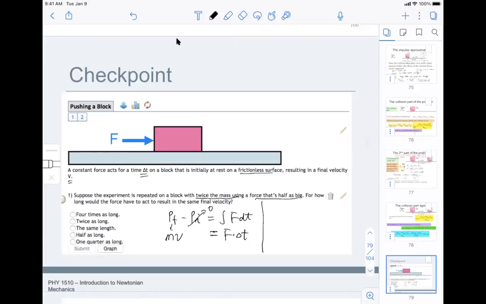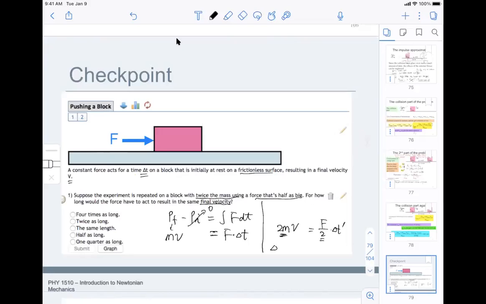Now, it's asking me, how long would I need to apply the force? Only half as big, so half as big. For how long? A different time, delta t prime, to a block with twice the mass, to the same velocity, v. Okay. Force is half now, mass is double.